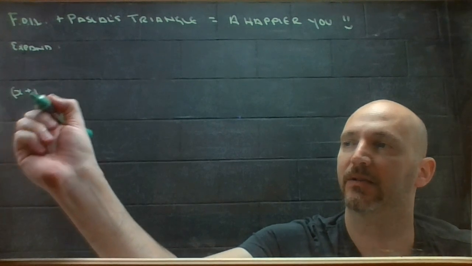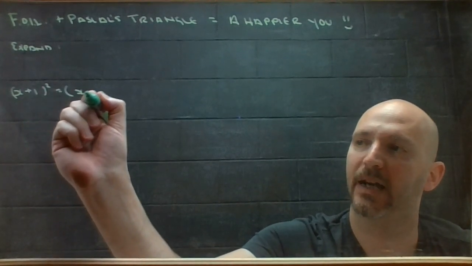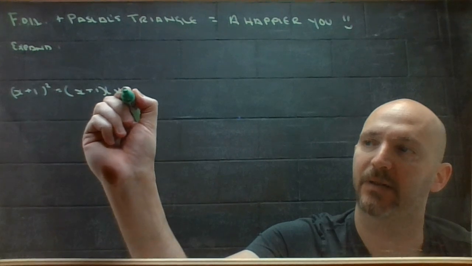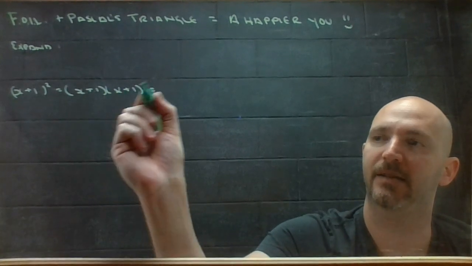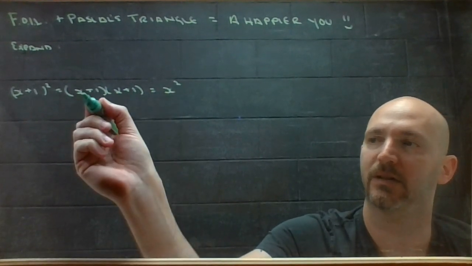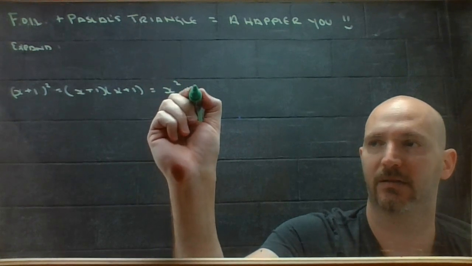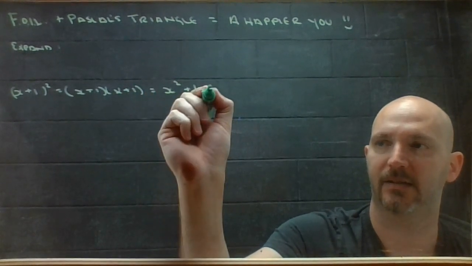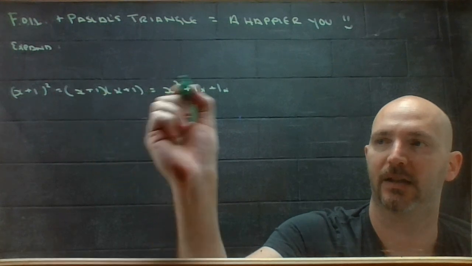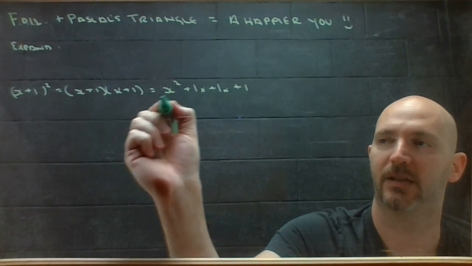X plus 1 squared will be x plus 1 times x plus 1. An x and an x is x squared, an x and a 1 and an x and a 1, and a 1 times a 1 gives me this.